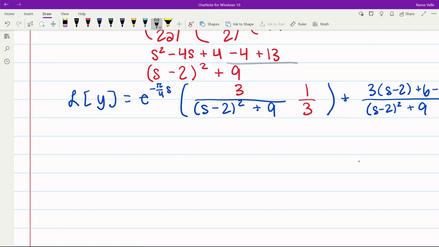And so you know that because of this, once you do the Laplace inverse, you're going to have two shifting functions. So here, let's do the Laplace inverse of both sides.